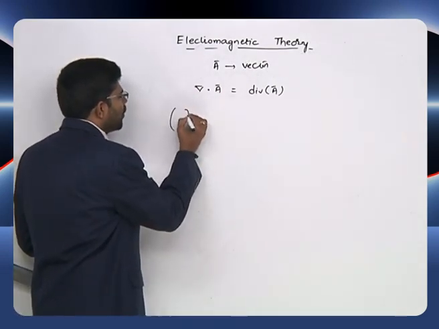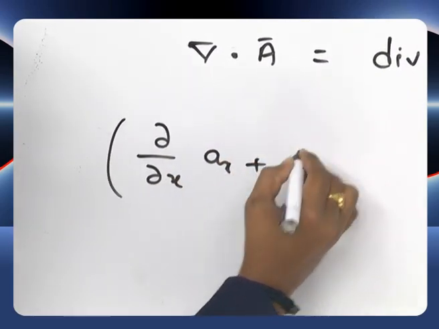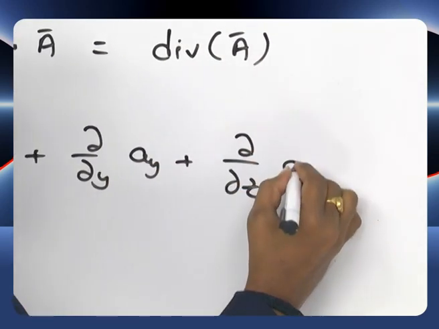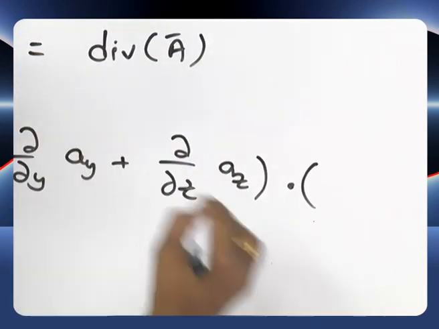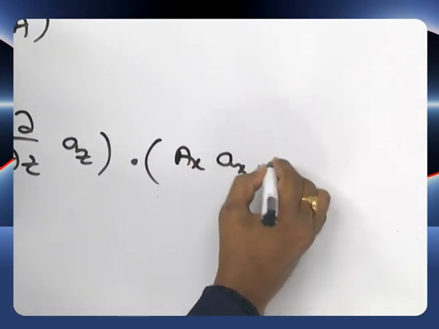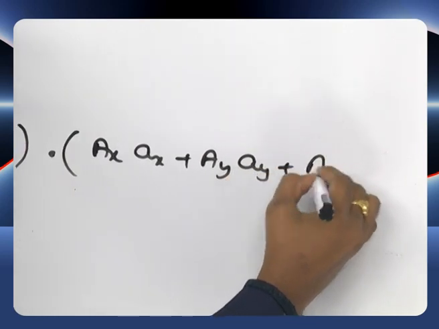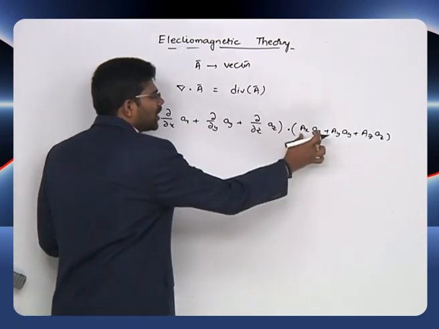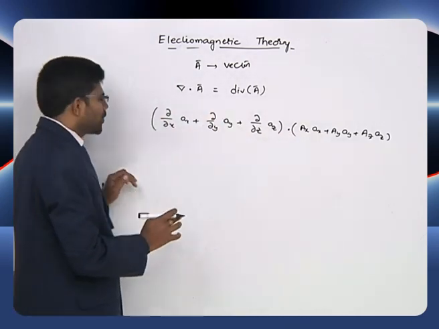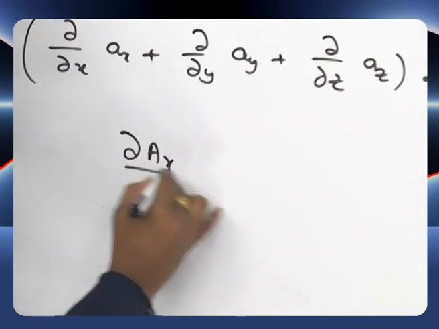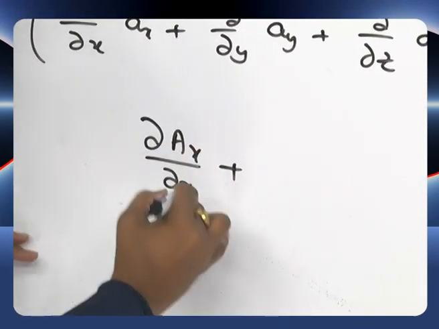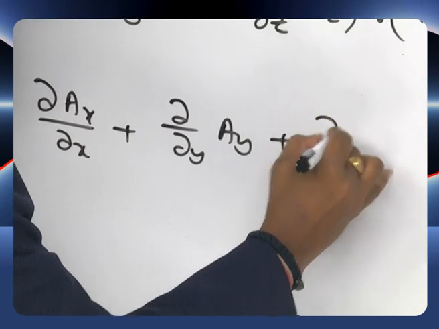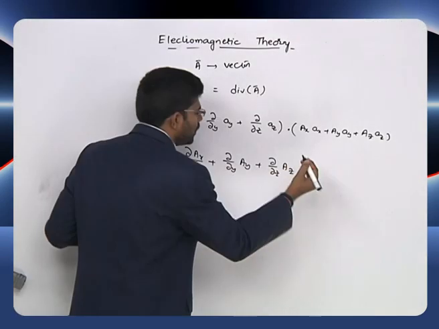The del operator is dou by dou x of ax plus dou by dou y of ay plus dou by dou z of az dot the components of A bar, Ax plus Ay plus Az. The dot product between similar components takes place, and all remaining components are 0. So simply you can write dou by dou x of Ax plus dou by dou y of Ay plus dou by dou z of Az.